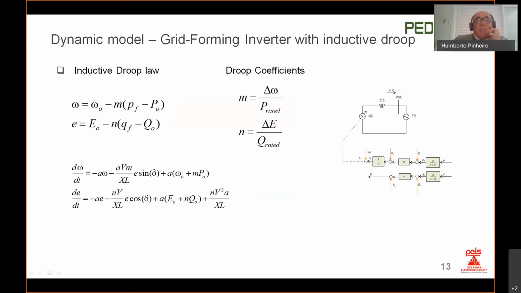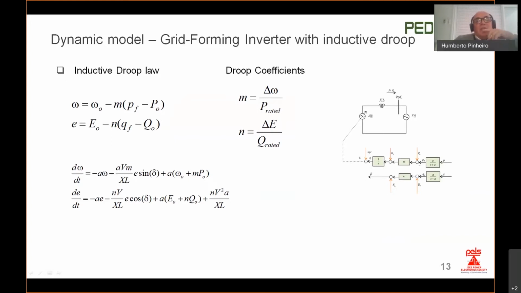Now if we combine this equation from the filter with the droop coefficients, we can have this dynamic equation that describes the behavior of the frequency command of the inverter and what I call the inverter background voltage, because there is the drop across the reactance.